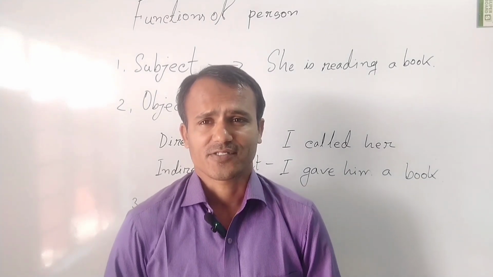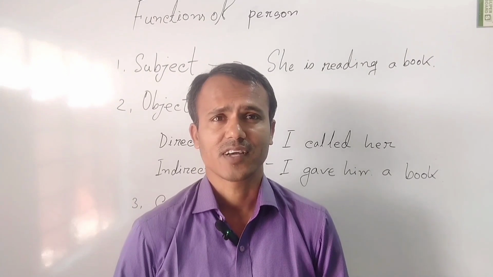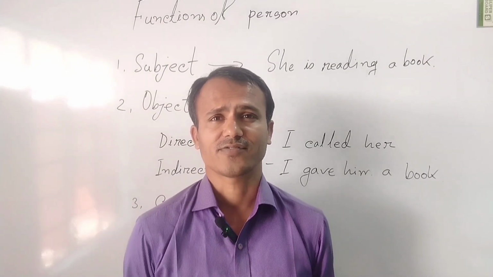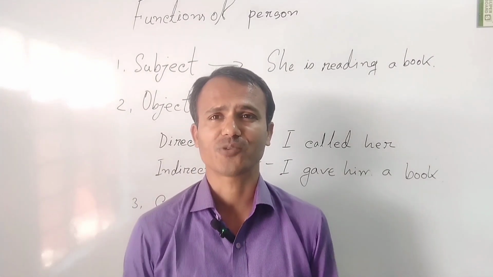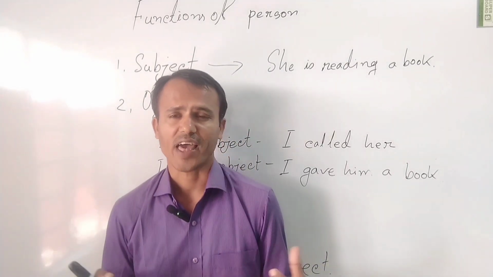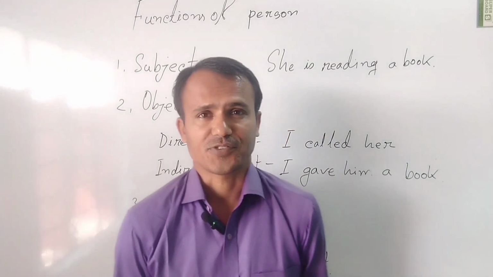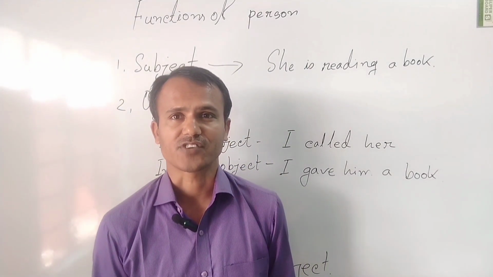You know, the function of persons is a very important and rare grammatical topic in grammar. In grammar, the function of persons refers to the grammatical roles that a person plays in a sentence. These roles help to establish how a person interacts with the actions, descriptions, or relationships in the sentence.